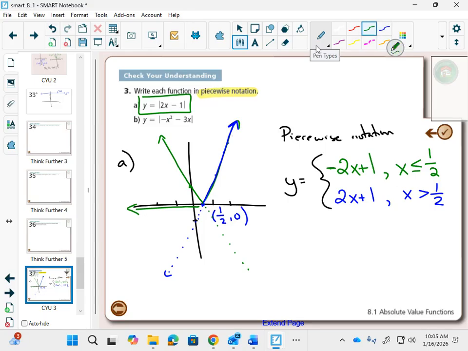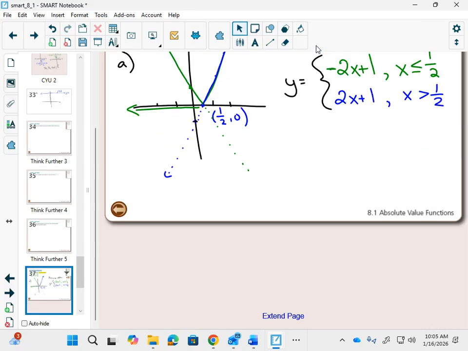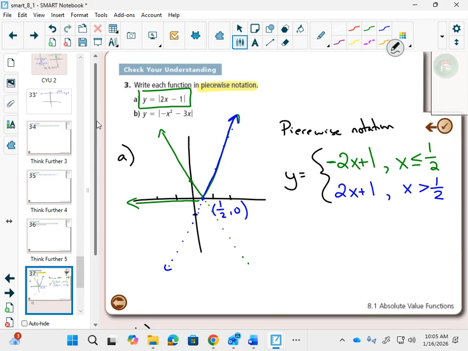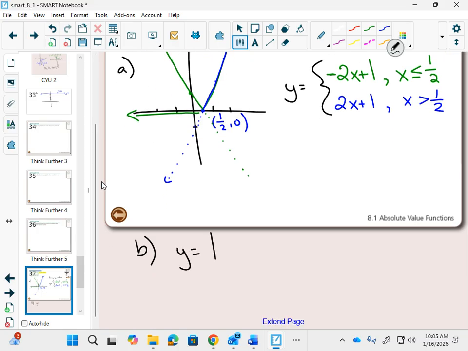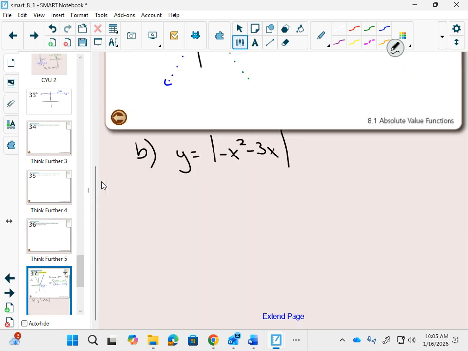Okay, part B. If we drew the picture out, we've got the absolute value of negative x squared minus 3x. I'm going to just write it out. If you graph the inside, do you see this parabola that opens down?